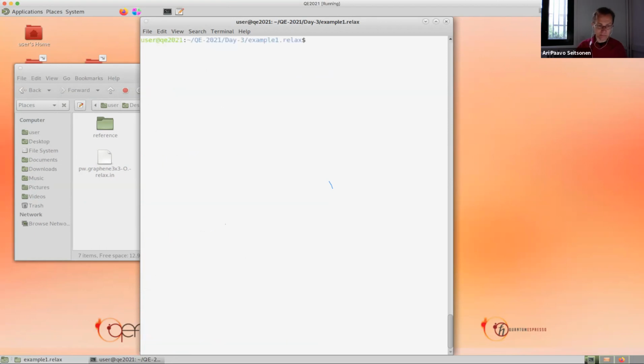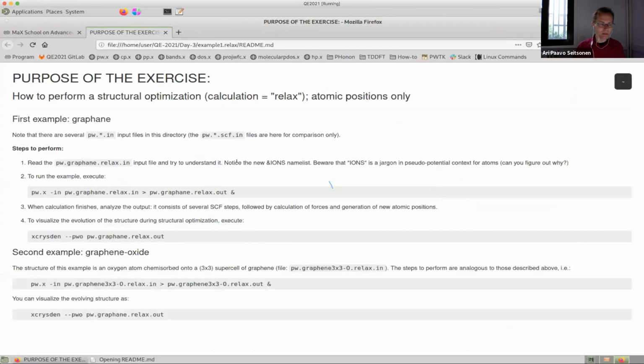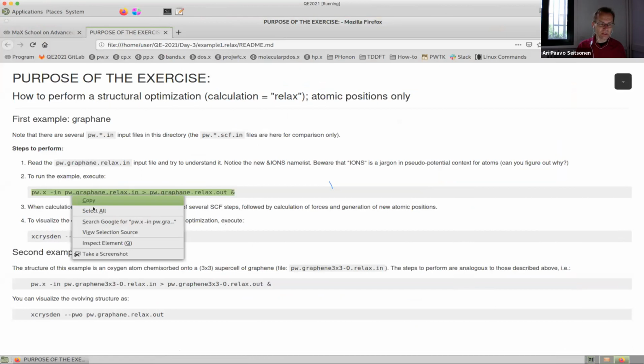So this is the input file, very quickly. Then you can follow the instructions either in the PDF file, or if you want more detailed ones, you can have a look in this file. So this is the README file for this exercise, and for the first exercise, here's the command to execute.